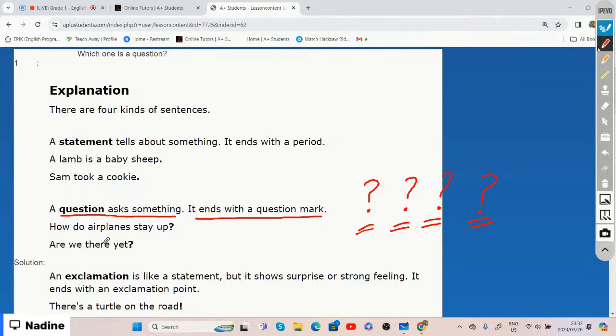And here we have an example. How do airplanes stay up? Are we there yet? How old are you? Where do you live?